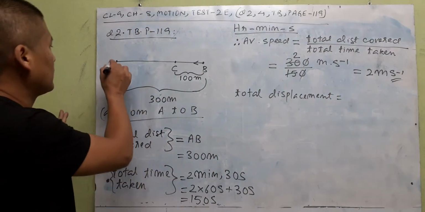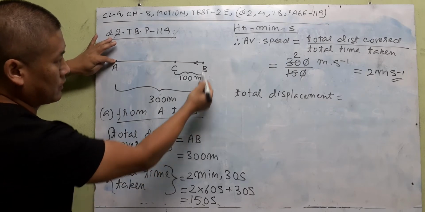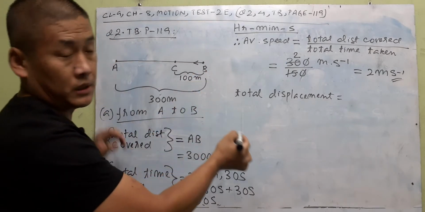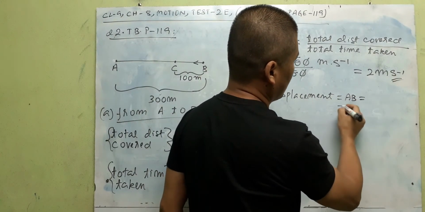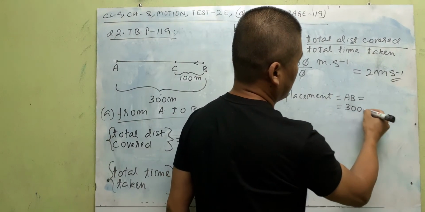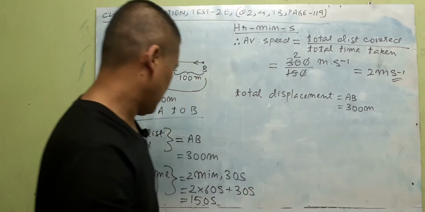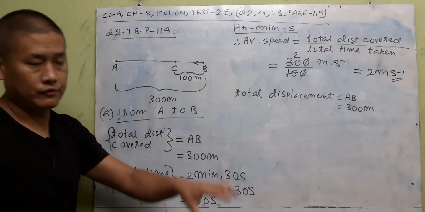So initial position is A, and he ended up at B, as you can see here, A to B. So the shortest distance between any 2 points is the straight line, which is AB, right? So we write here AB, which is equal to 300 meters. So in this case, total distance covered and total displacement are same, 300, 300.